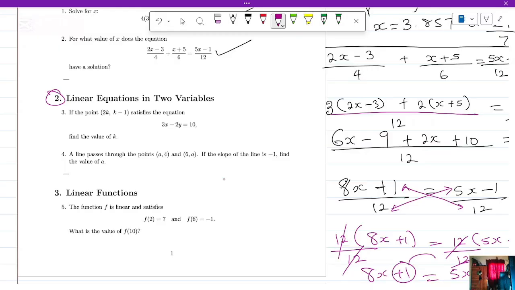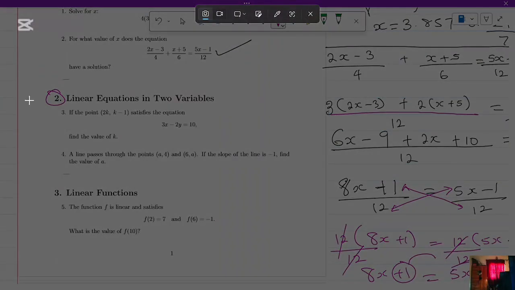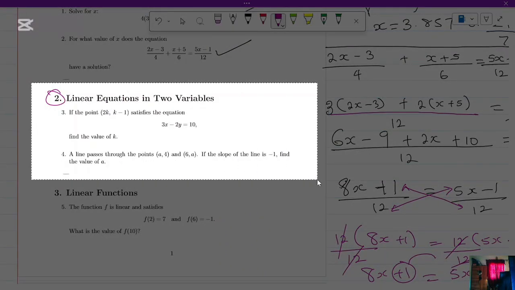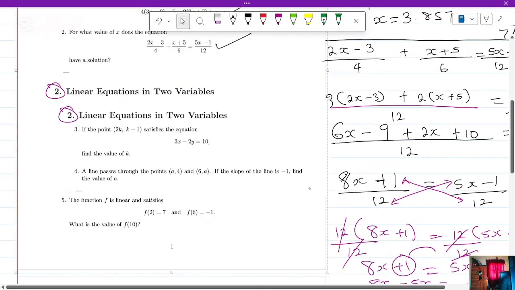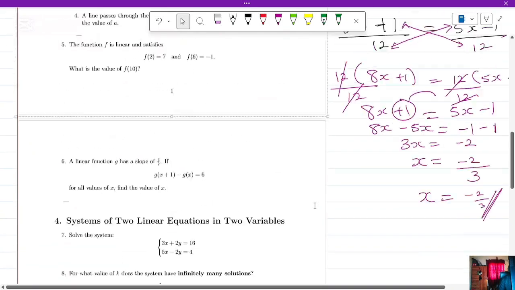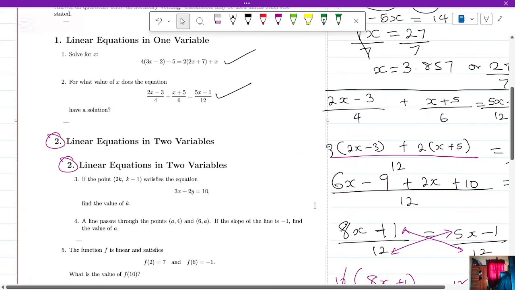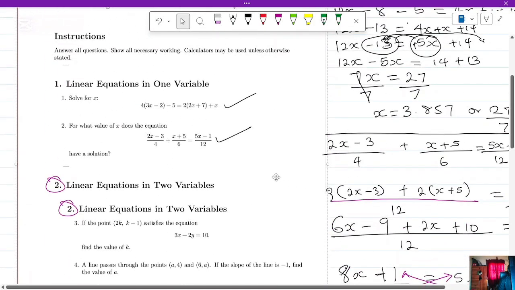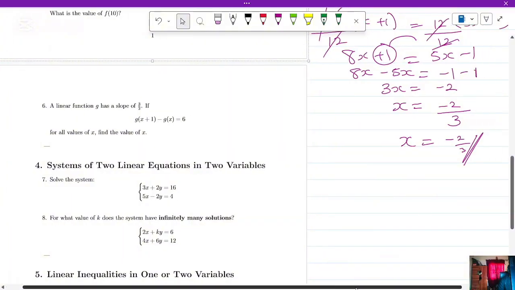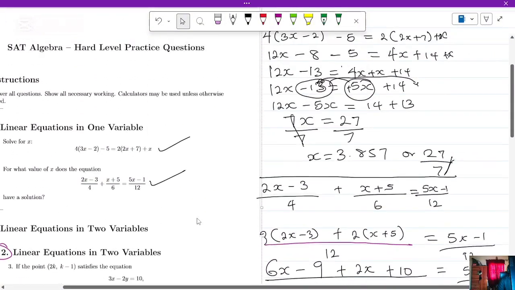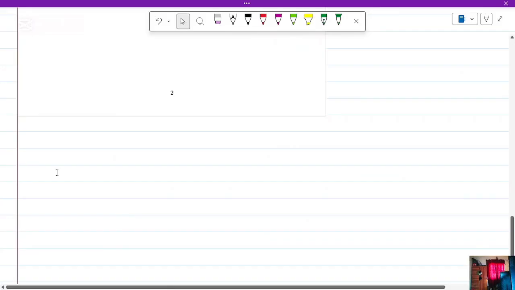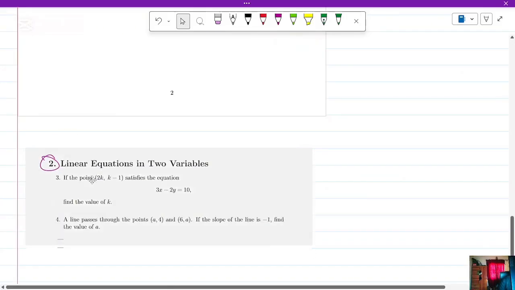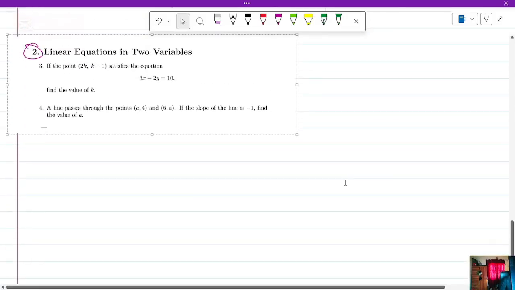So I'm going to be screenshotting this, and then I'm going to paste it down so that we can have much space to solve. Okay, so let's look at it from here now.